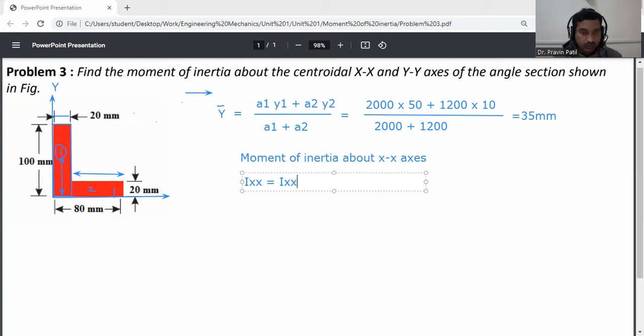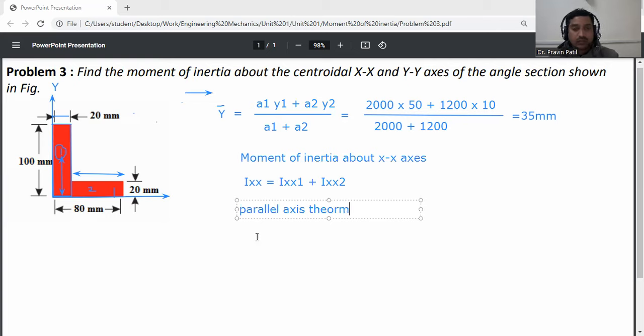So Ix is equal to Ix1 plus Ix2. Using the parallel axis theorem for Ix1 and Ix2, first of all, Ix1 is equal to Ig1 plus a1 h1 square.